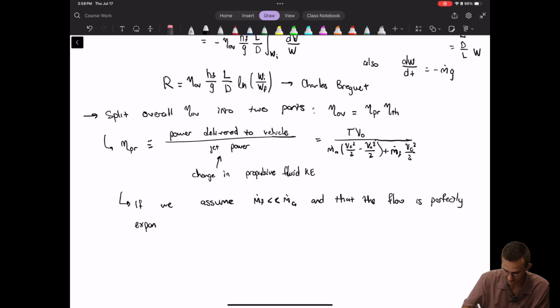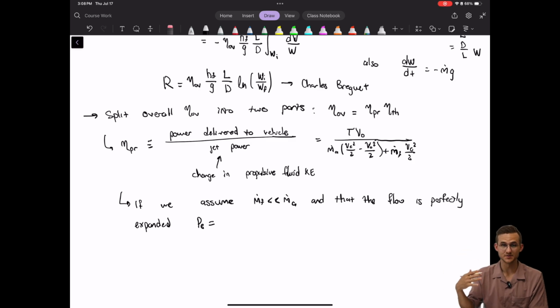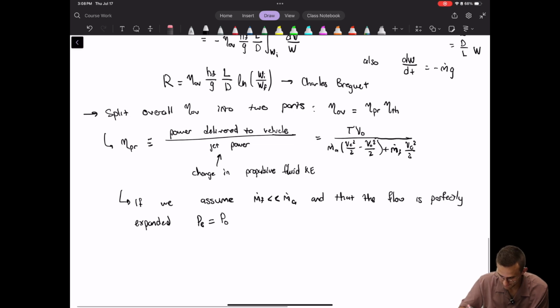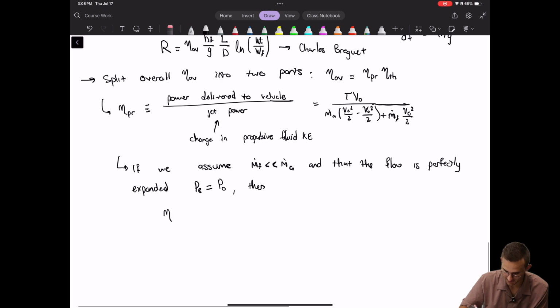As we've discussed before, that means that the pressure at the exit is equal to what you actually have at the receiver, which in this case is the same atmospheric pressure that we're going into. So that's PE being equal to P naught. Then the propulsive efficiency equation simplifies a lot.